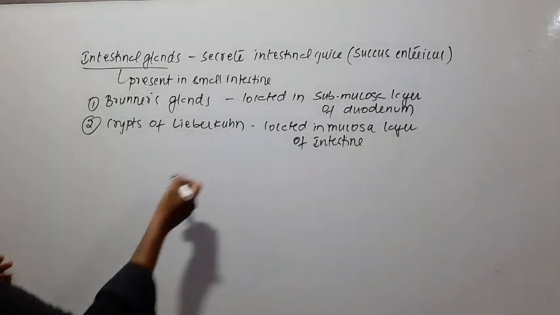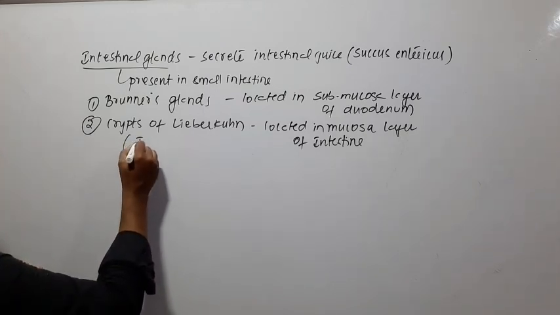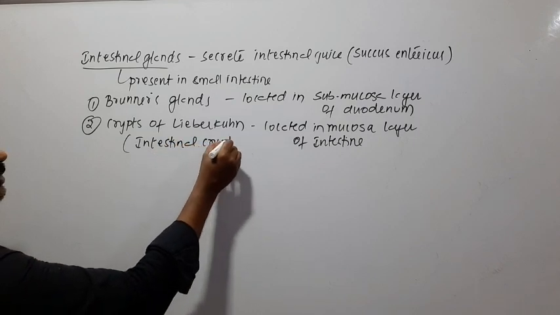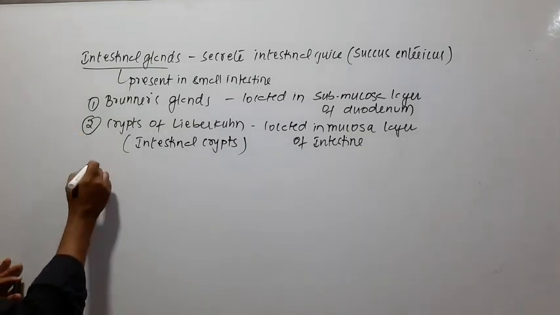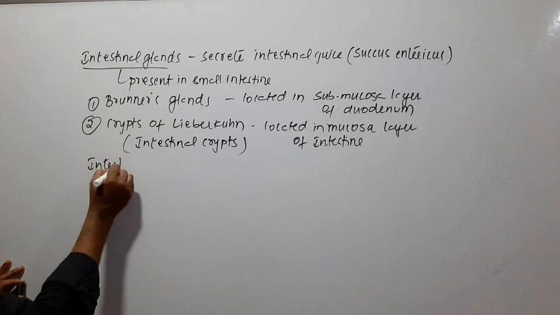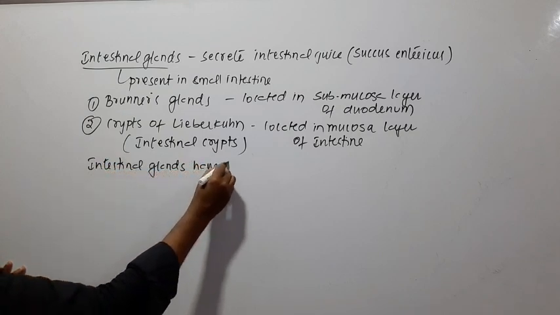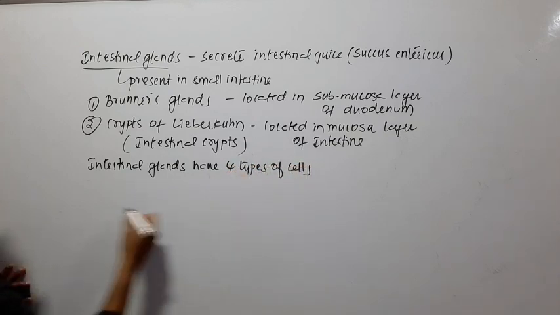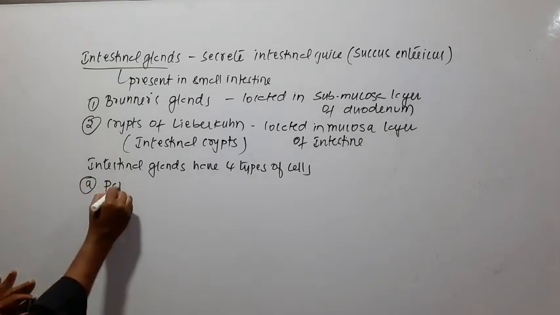Here, the crypts of Lieberkühn are also called intestinal crypts. These intestinal glands have four types of cells.